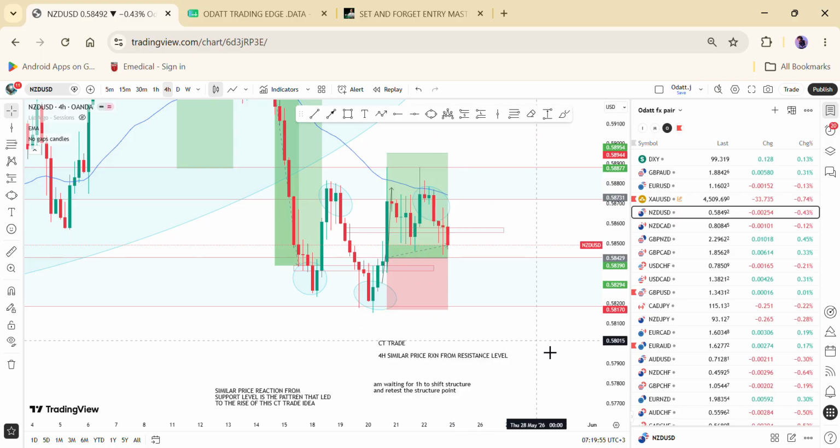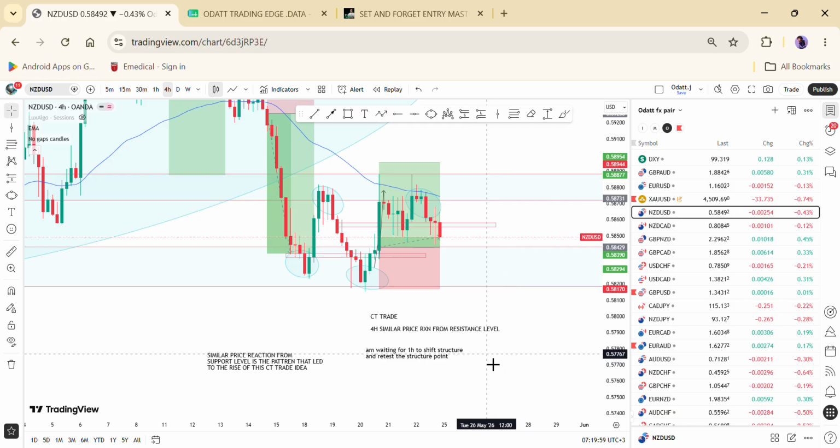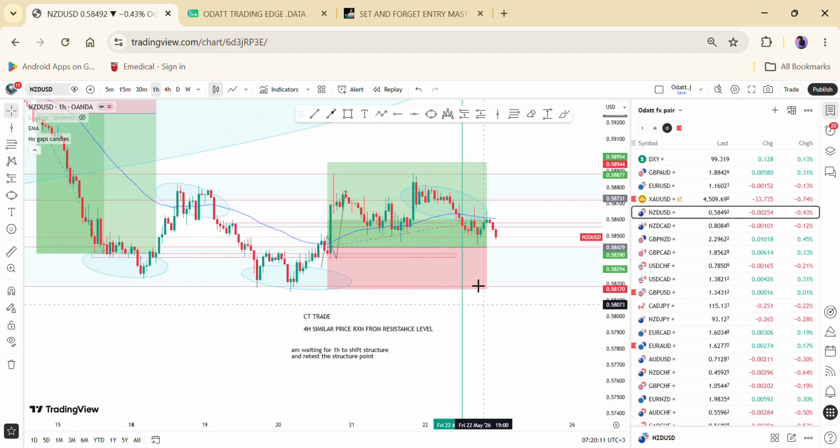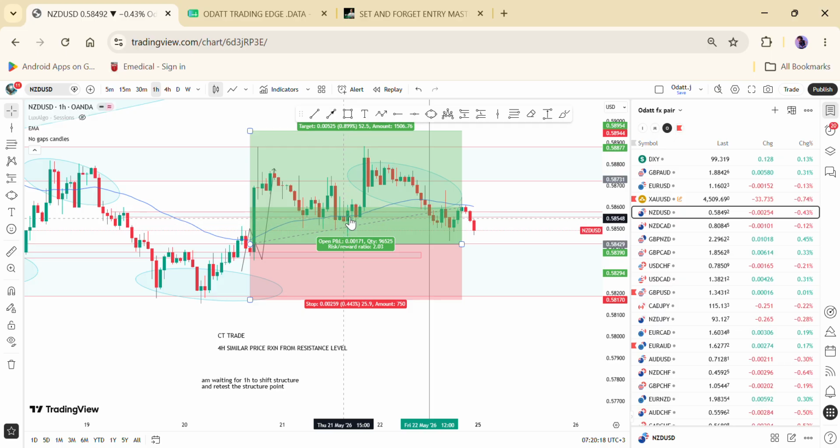So directly I could have closed this trade right here, but it's not aligning with my strategy on how I close trade at break even, because at the point where we have this strong engulfing candlestick over here on 1 hour time frame, there is no shift of market structure yet.